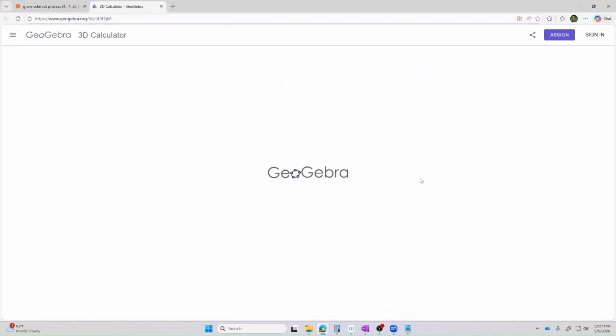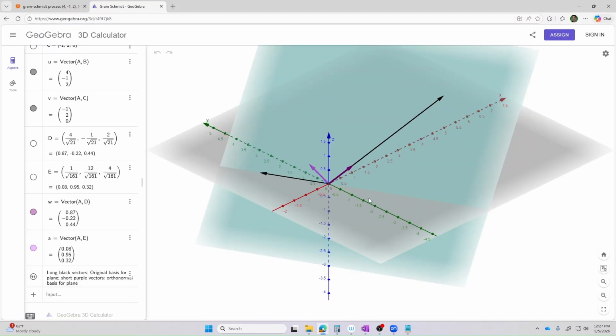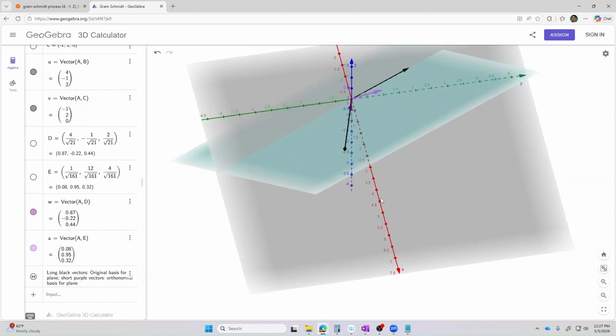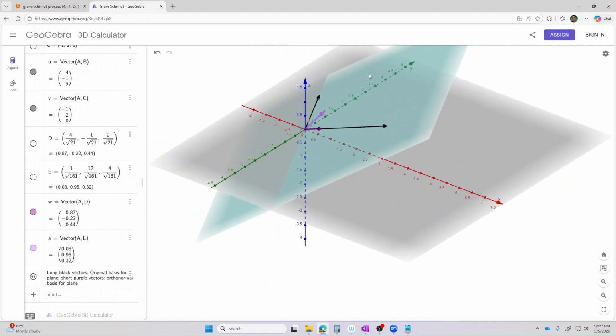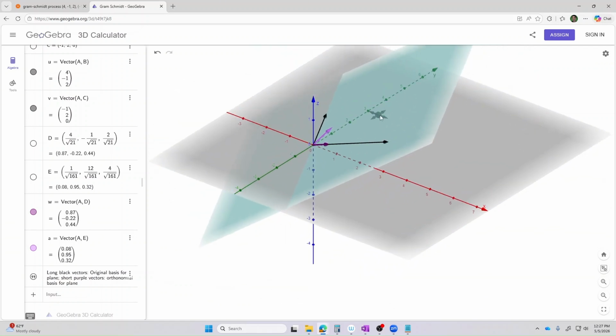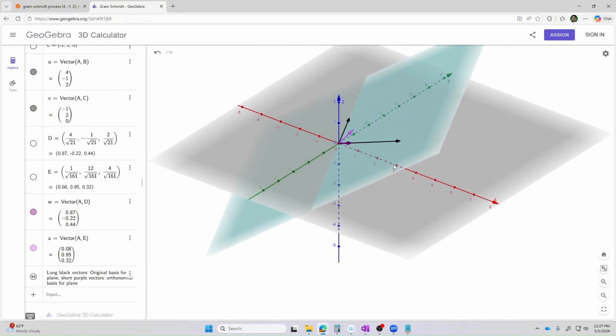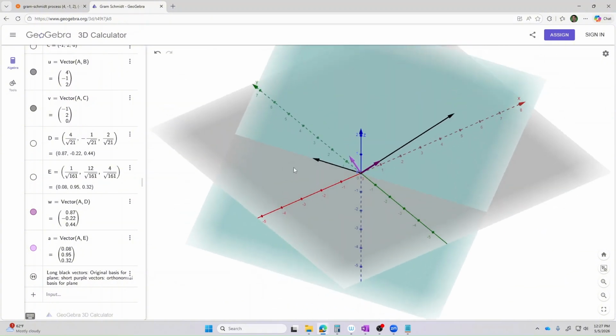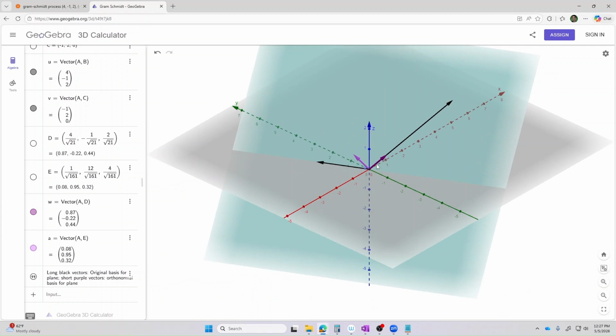We can go ahead and look at this situation on GeoGebra. Here in GeoGebra, this blue slanted plane is the vector space formed by the span of v1 and v2. And what you can see in black here, these two black vectors are the original basis vectors v1 and v2 for this vector space.